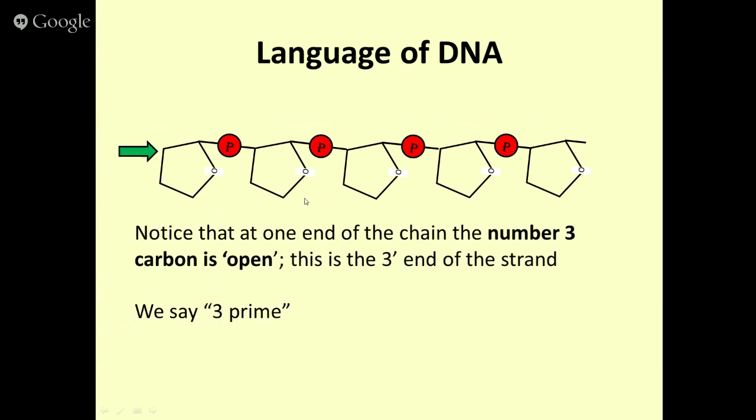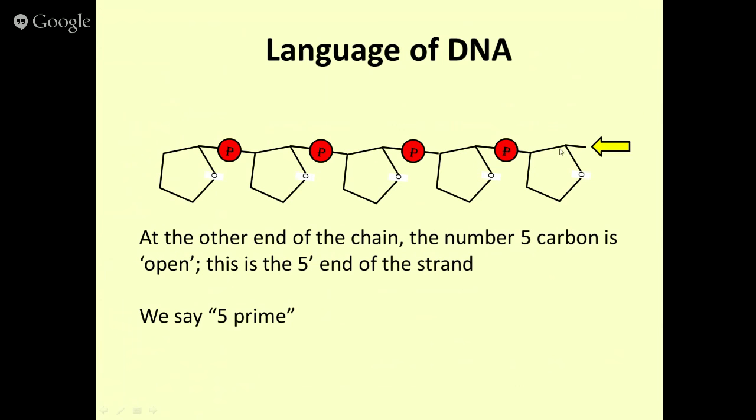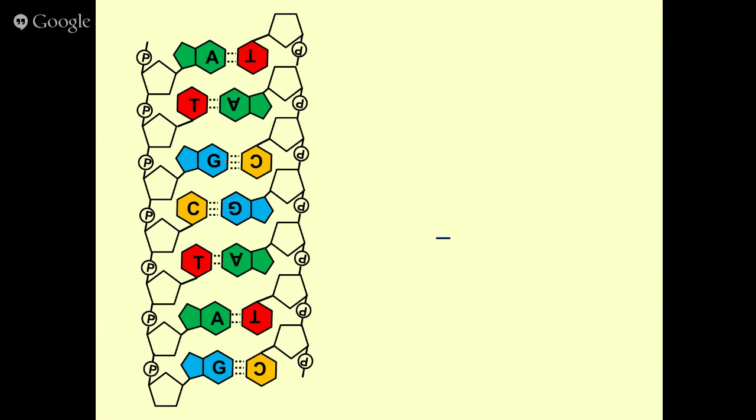So we would refer to this end where the number 3 carbon is open and something could bind to it, we would refer to this end as the 3' end of the DNA. And then down the other end where we've got the stick sticking out and the 5' carbon is available, we'd refer to that as the 5' end of your DNA. So you can see that we've got a 3' end and a 5' end to our DNA.